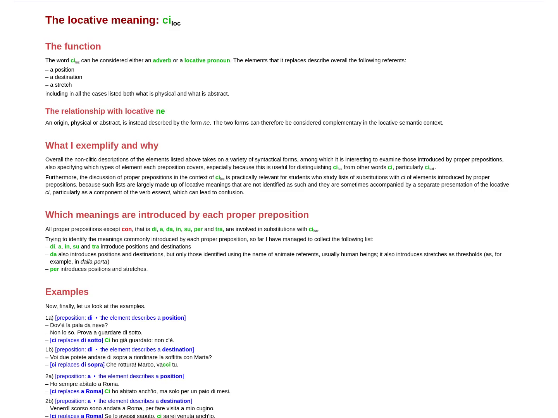Among the non-clitic equivalents of C locativo, it is interesting to analyze those that begin with a proper preposition. In particular, because this is useful for distinguishing C locativo from other words C, especially C extra. All proper prepositions except con, that is, di, a, da, in, su, per, and tra, are involved in substitutions with C locativo.